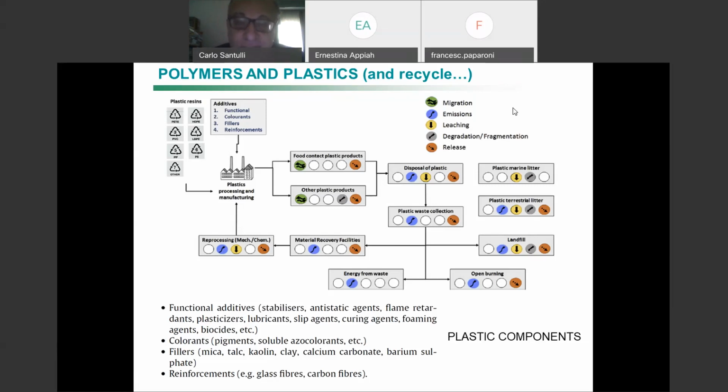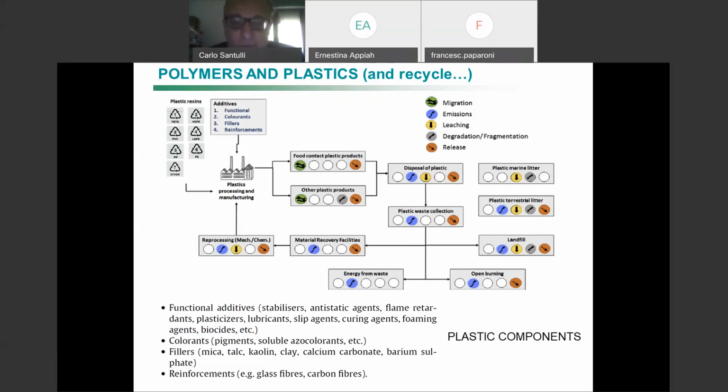This is a possibility which has some advantages because you are more sustainable. The end of life of glass fibers or carbon fibers is not that easy to be treated because they tend not to be degraded in any way, and so it's difficult to separate them from the resin, from the plastic.